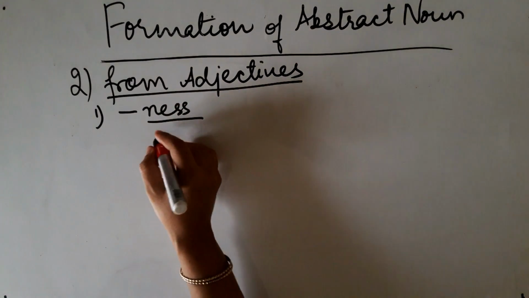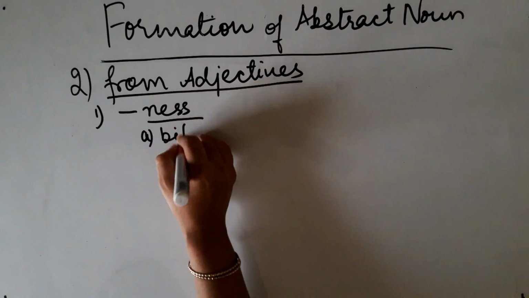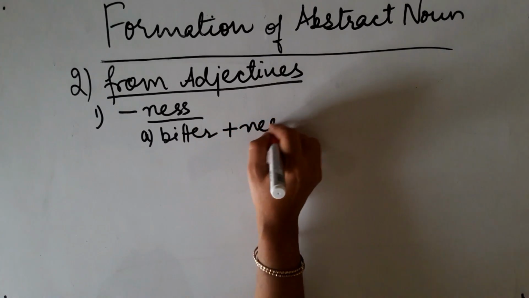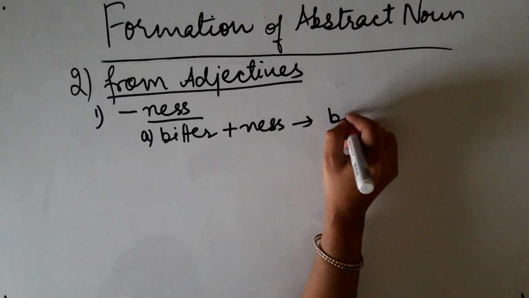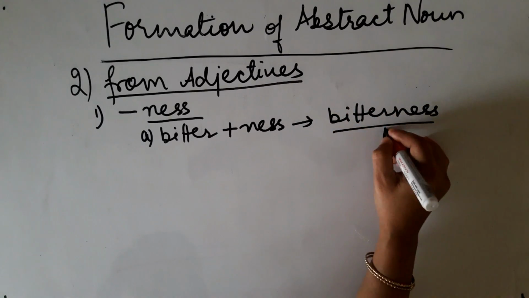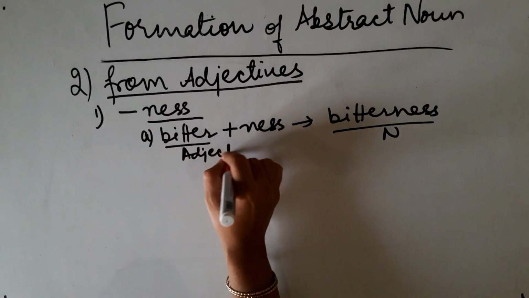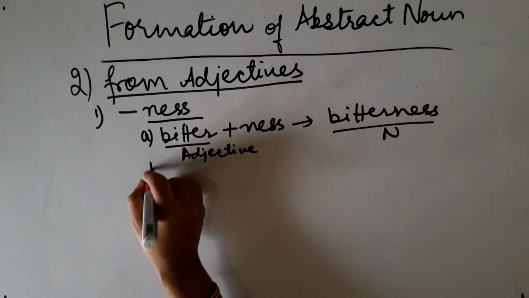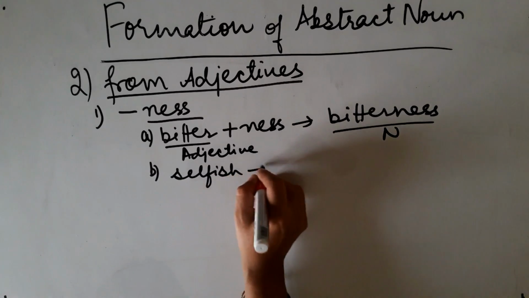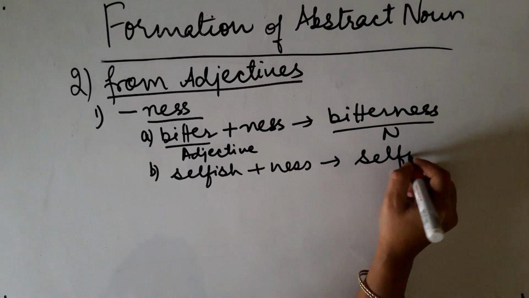It changes into a noun. So a word I have is bitter. We add NESS. It changes to bitterness, which is a noun. This bitter was an adjective. Next in this category is selfish. We put NESS. It becomes selfishness.